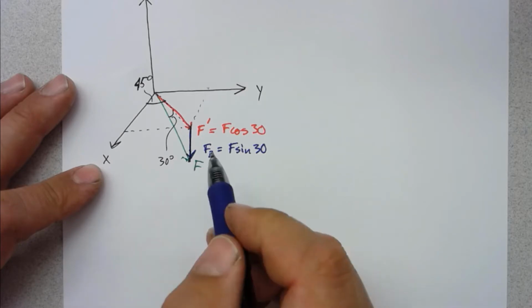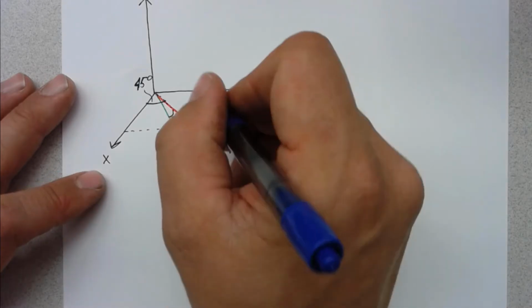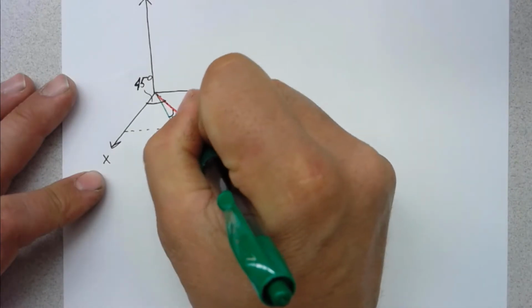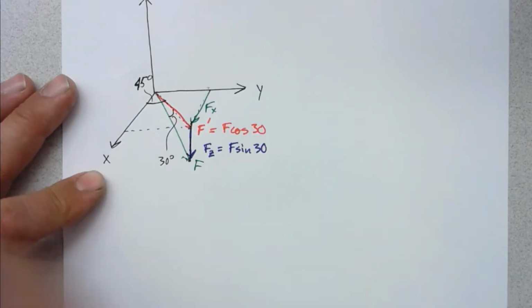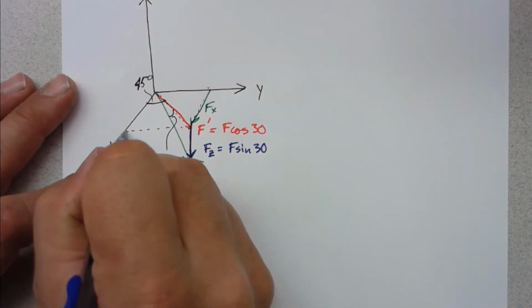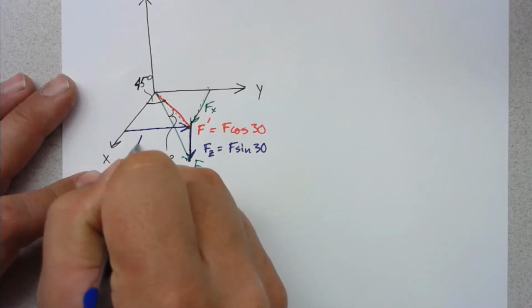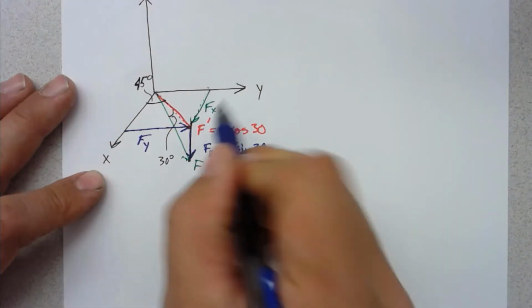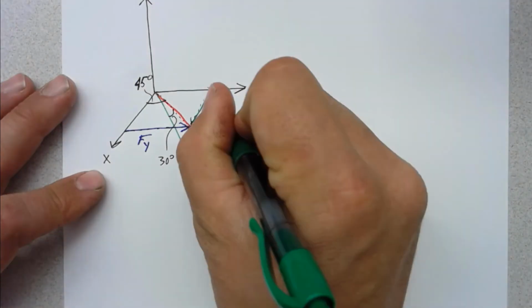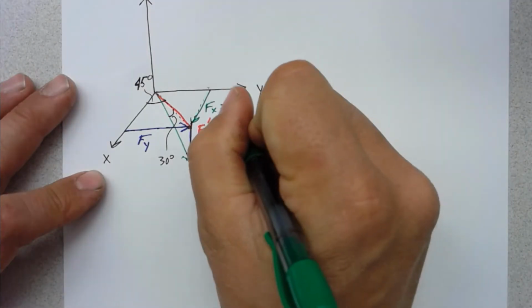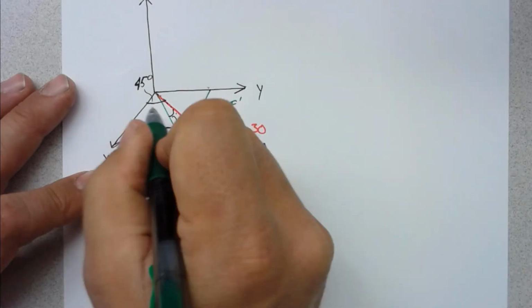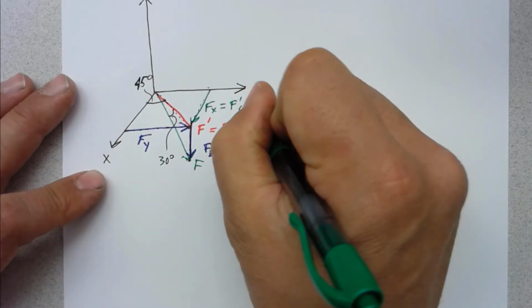Ultimately, what we're after is F sub x and F sub y. So F sub x in this case is going to be F prime times the cosine of 45 degrees.